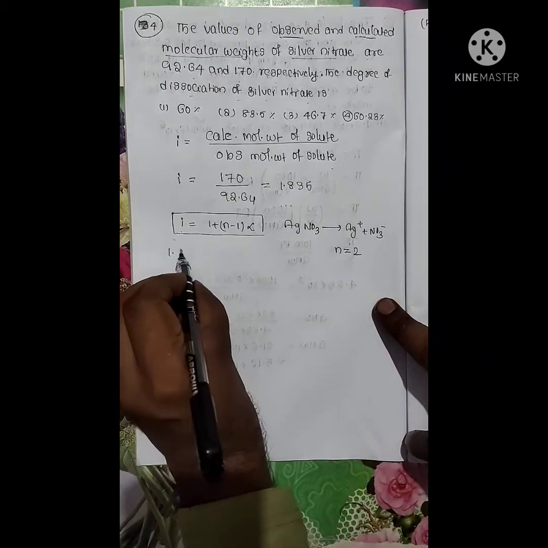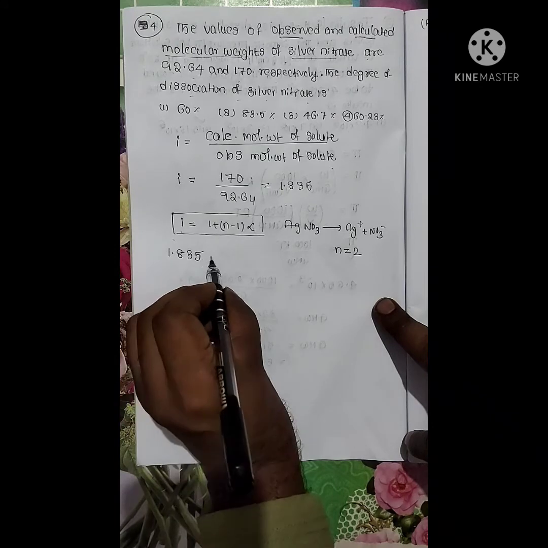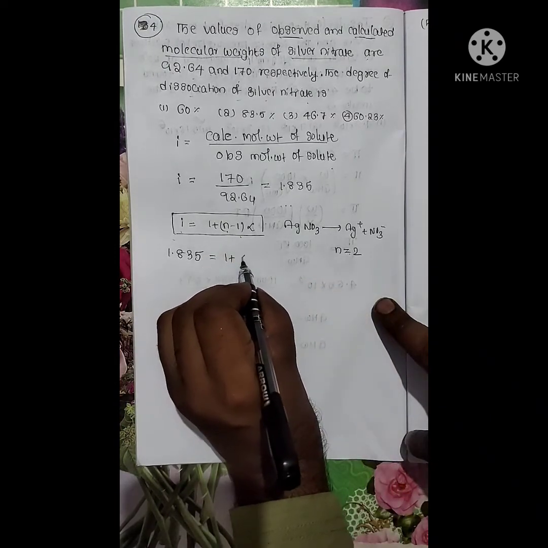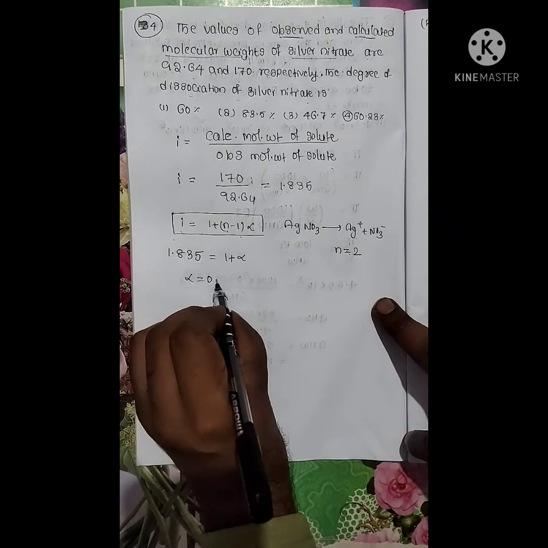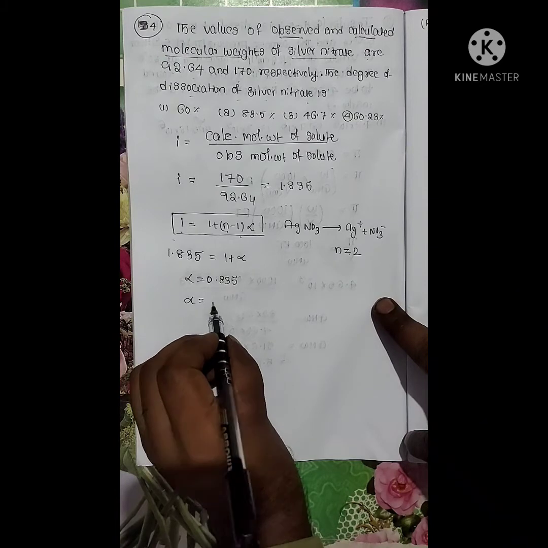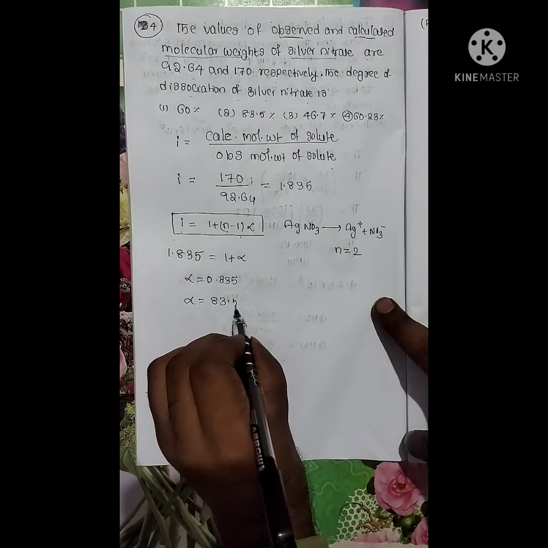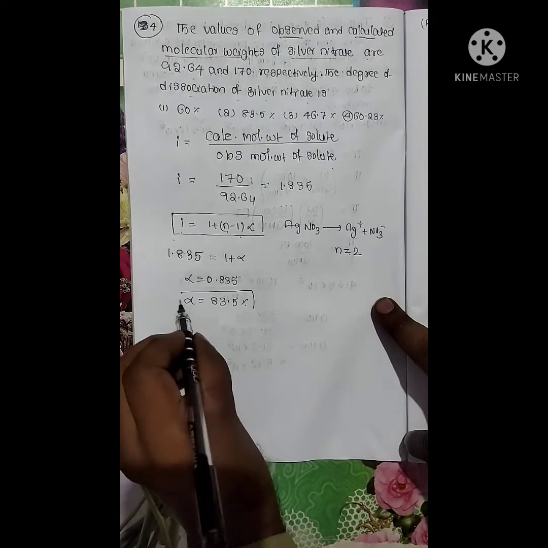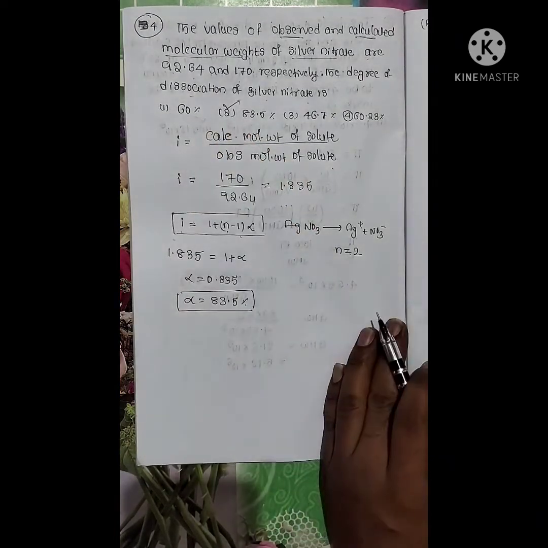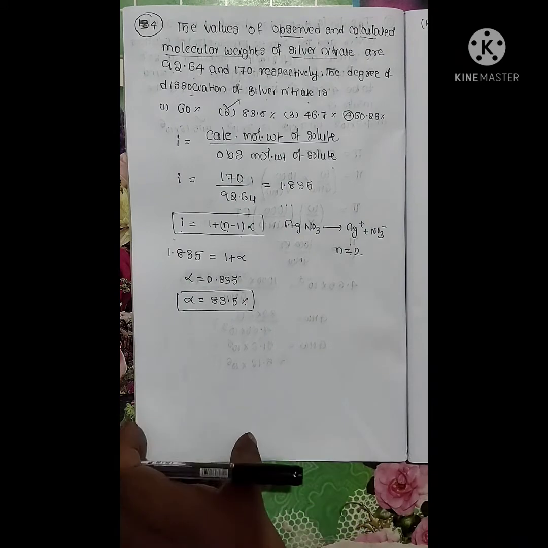Then i value 1.835 equals 1 plus (2 minus 1) alpha. Then alpha equals 0.835, that is 83.5 percent. Option 2 is correct. Next.